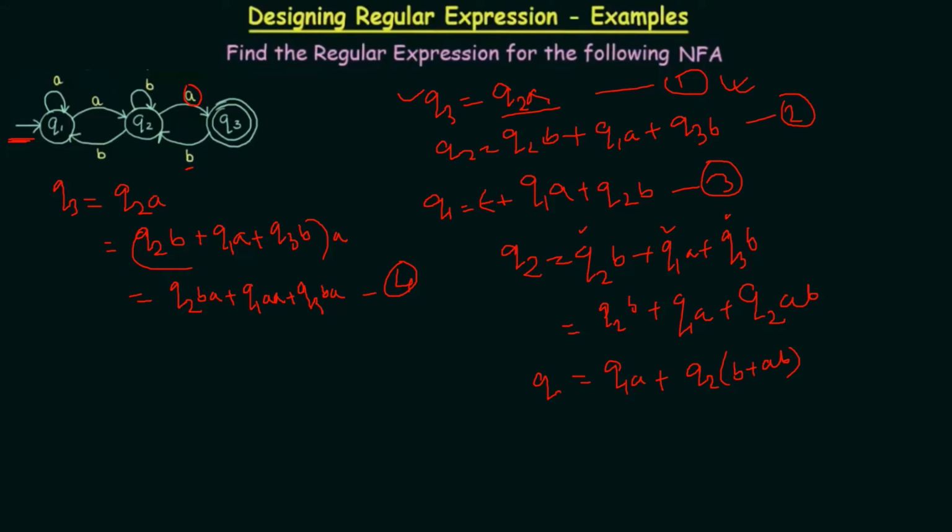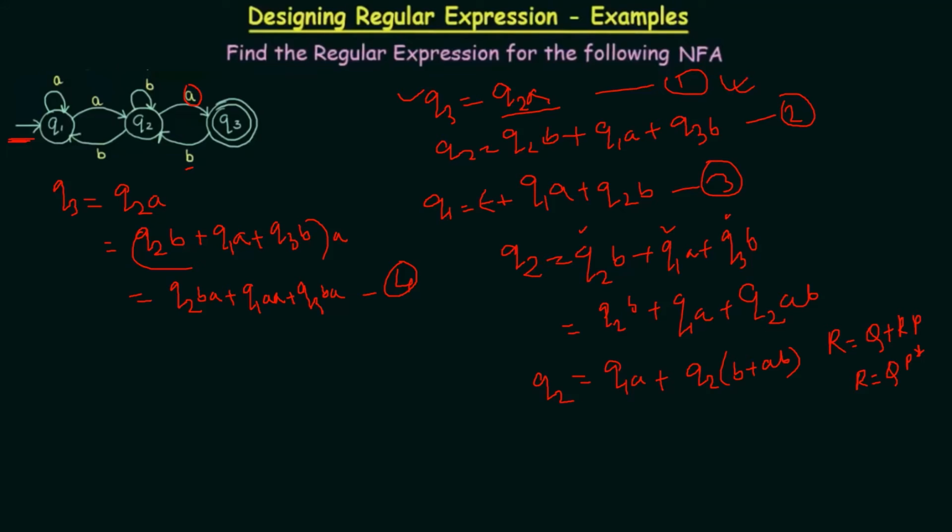Now if you look into this expression, it is going to look like the expression of Arden's theorem. You remember, if R equals Q plus RP, then the solution is R equals QP star. I hope all of you remember that from the last slide that we discussed a few minutes ago.